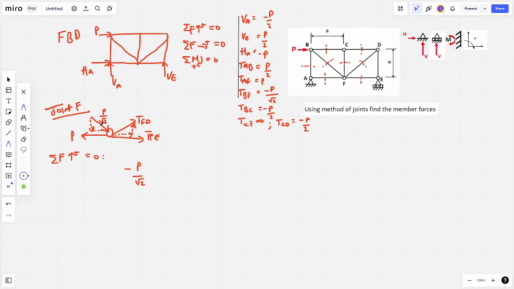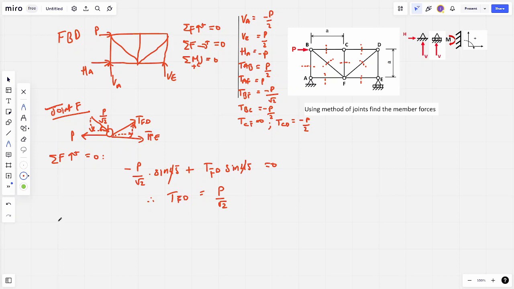Let's use this angle, we're going to look at this downward vertical, so that's going to be sine 45 as it's away from the angle, sine 45, plus TFD, again sine 45, which is equal to 0, so there's nothing else. If we swap it around, the sine 45s will cancel through, so therefore we can say that TFD is equal to positive P over root 2.